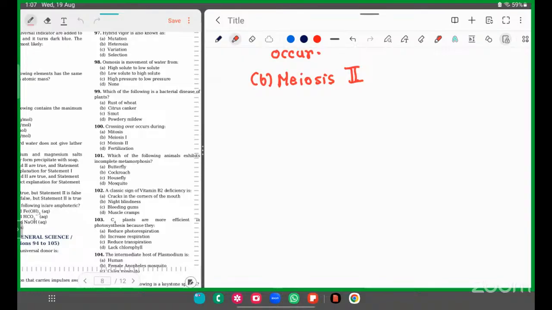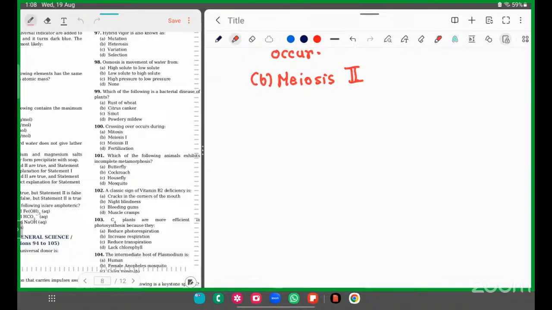Option A, butterfly, will not be there because butterfly undergoes complete metamorphosis, which includes four distinct stages: egg, larva, pupa, and adult. The cockroach goes through incomplete metamorphosis, meaning its life cycle features only three development stages: egg, nymph, and adult. So B will be the answer.